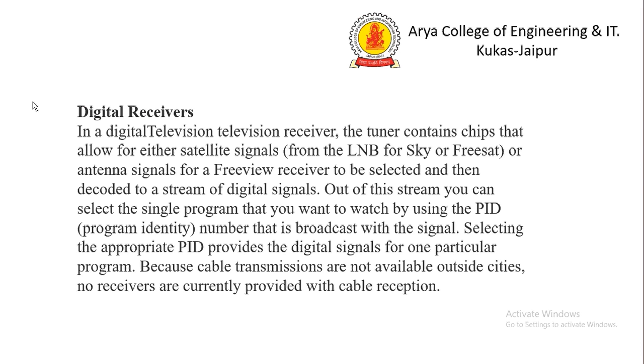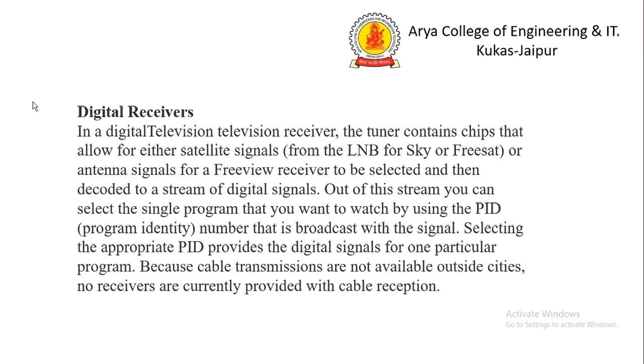Digital receiver. In a digital television receiver, the tuner contains chips that allow for either satellite signal or antenna signal for a free view receiver to be selected and then decoded to a stream of digital signal.